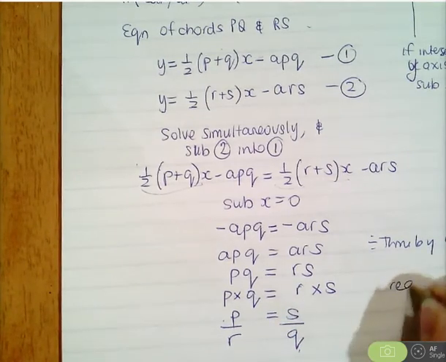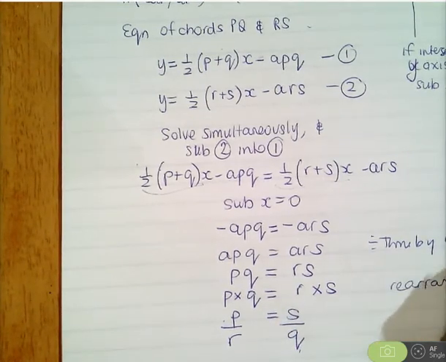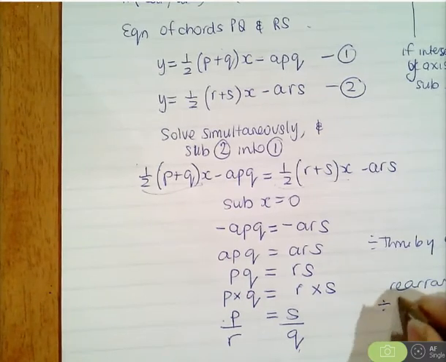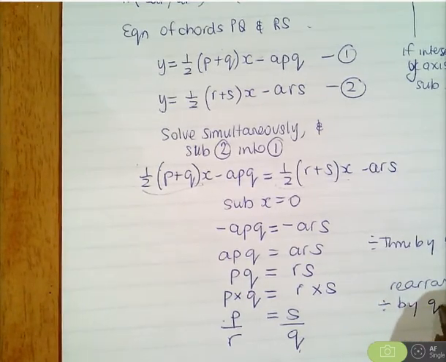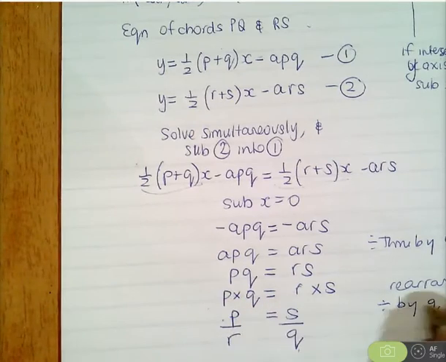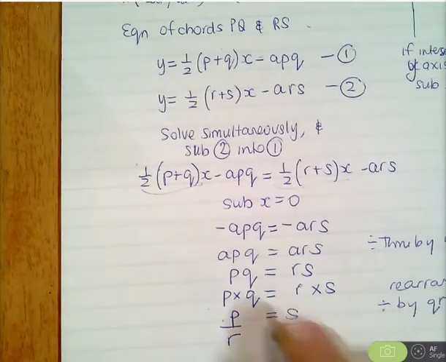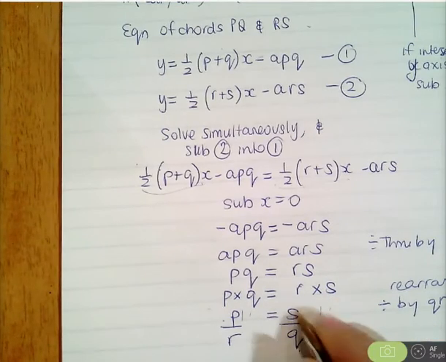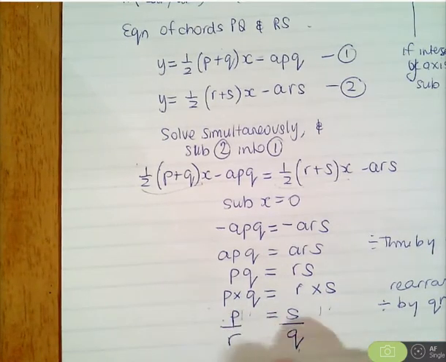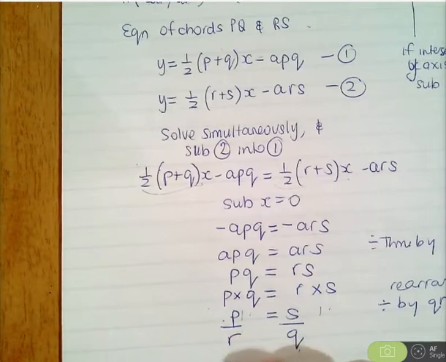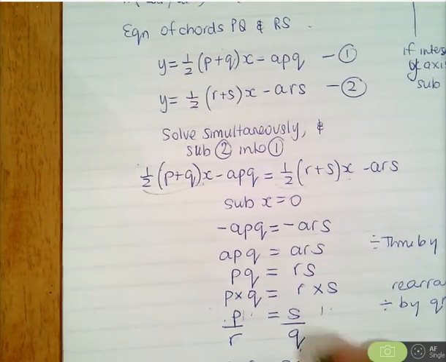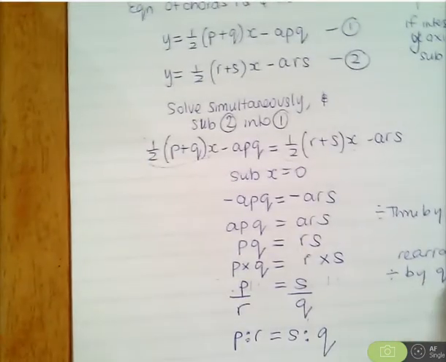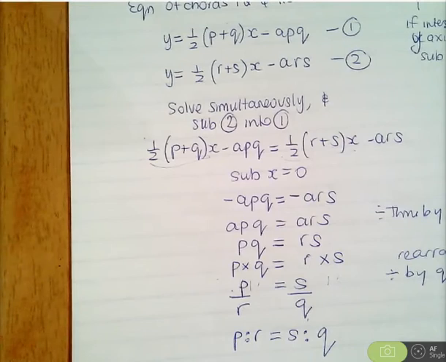What we're really doing is dividing both sides by qr. So if I divide that by qr and this by qr, I get s over q equals p over r. And remember, fractions can be written as ratios, so p over r can be written as p ratio r equals s ratio q. And that's done.